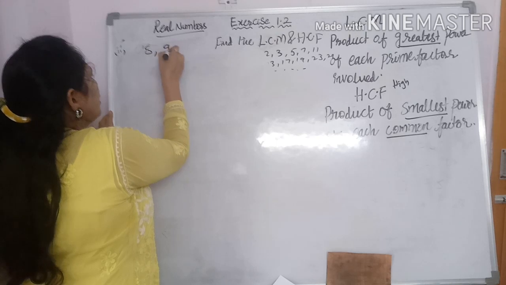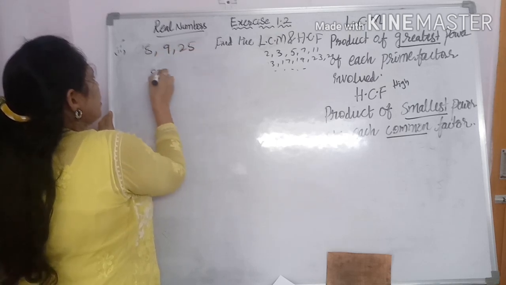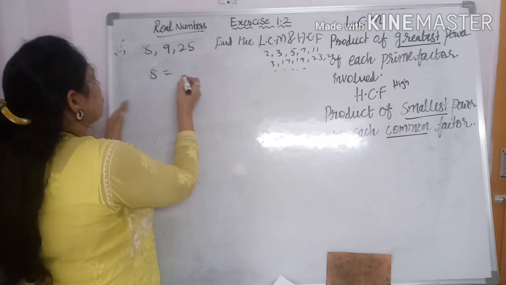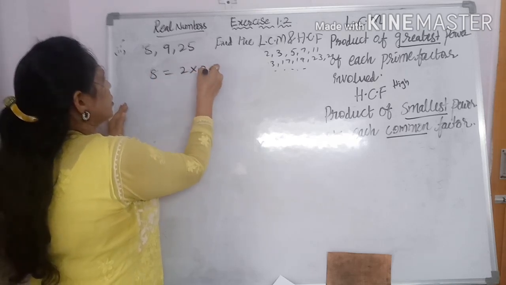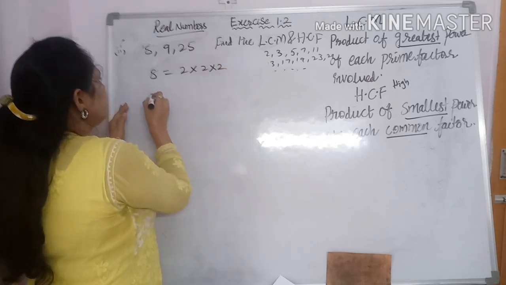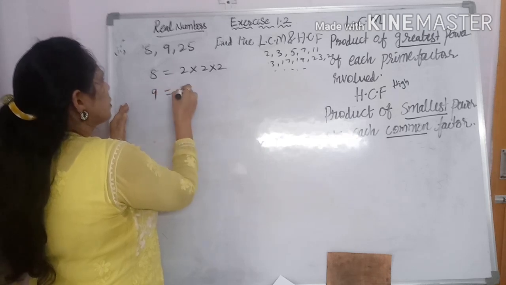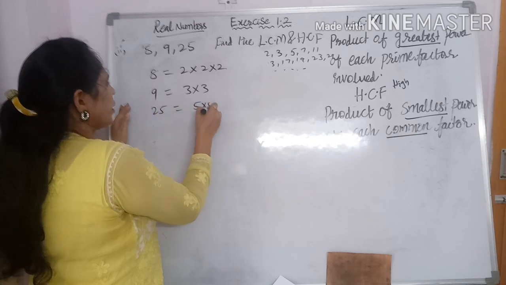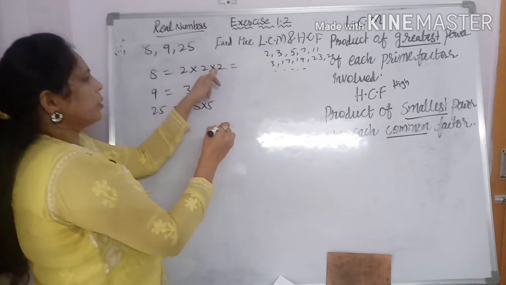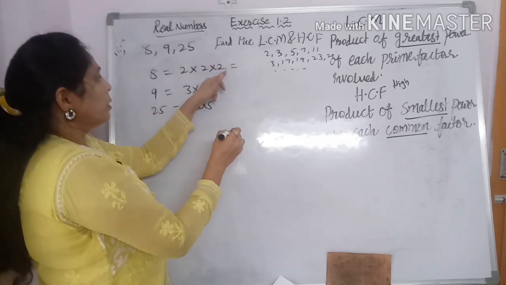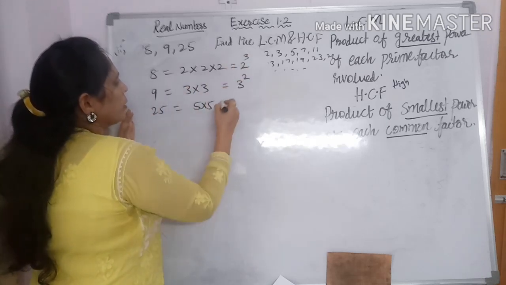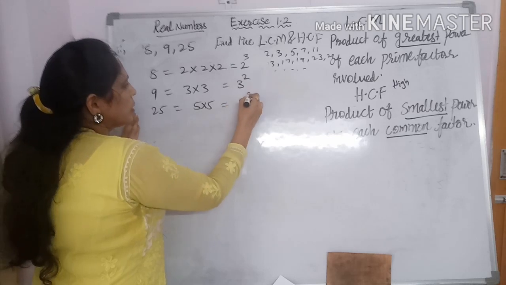8, 9, 25. How can we write 8? 8 is equal to the product of prime factors 2 into 2 into 2. 9 is equal to 3 into 3. 25 is equal to 5 into 5. 2 into 2 into 2 is nothing but 2 cube, here 3 square, here 5 square.